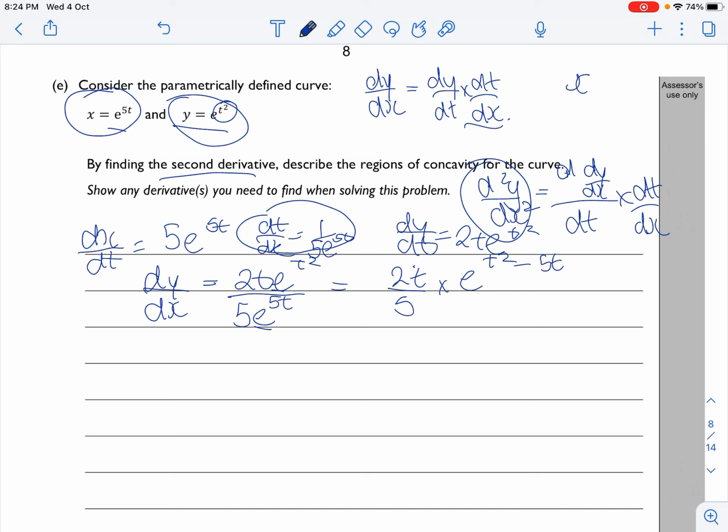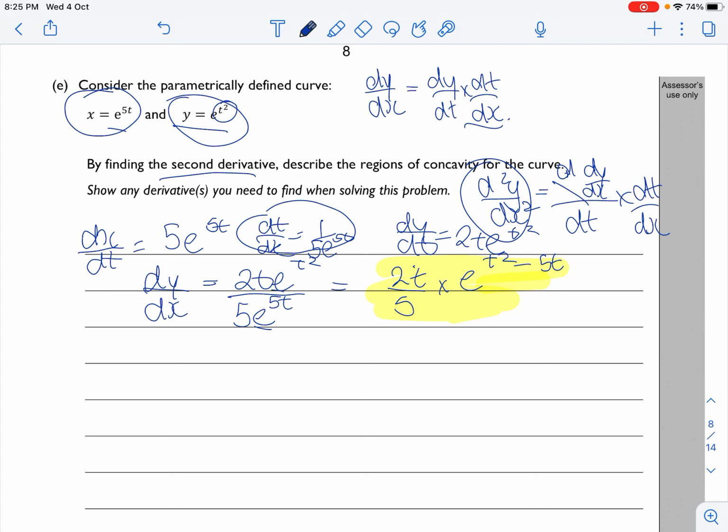It's a little bit like x to the power of 4 over x to the power of 1, for example, becomes x to the power of 3, just by subtracting your exponents there. Okay, so that becomes our dy by dx.